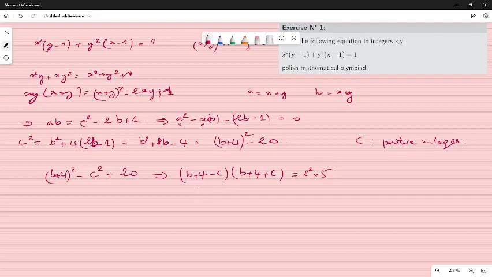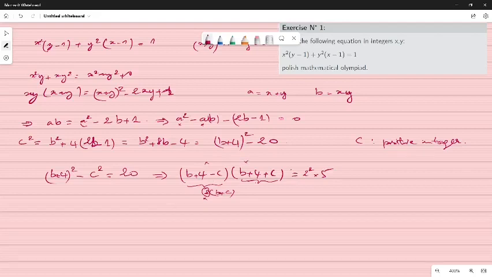So b plus 4 minus c and b plus 4 plus c have the same parity. To be convinced, just sum these two quantities and you get 2 multiplied by b plus c, and the presence of this 2 tells you that these quantities have the same parity.